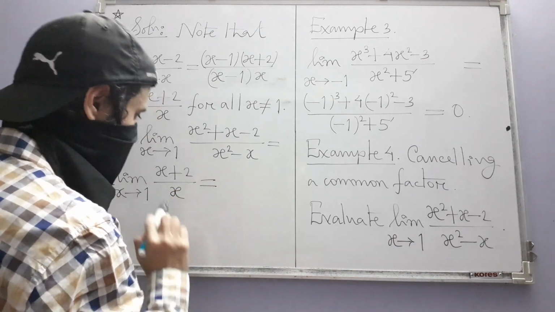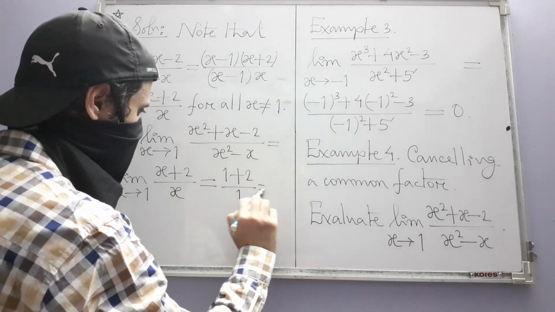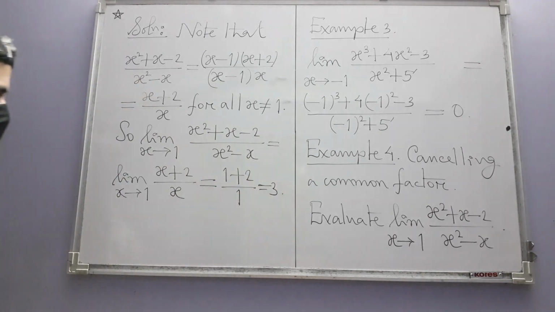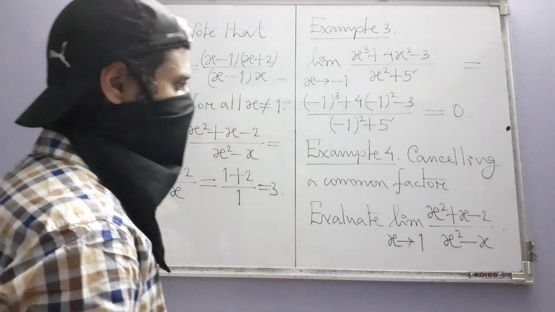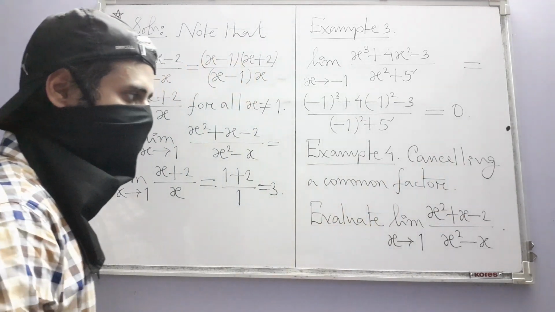So now by theorem 4, the limit is just this, that means 3. So because of this trick, this type of problems are named cancelling a common factor.